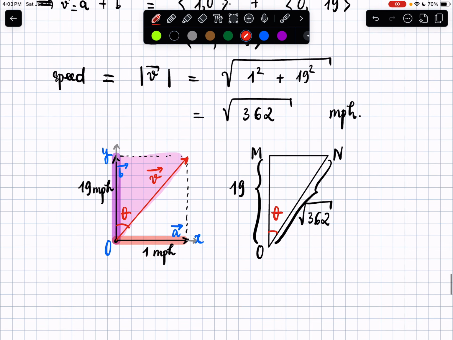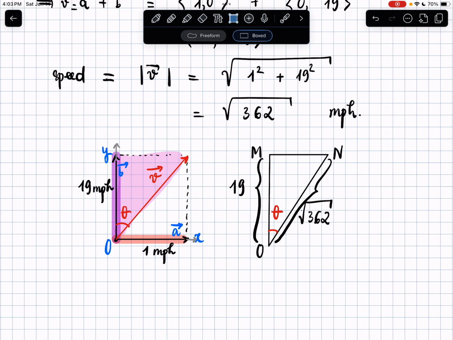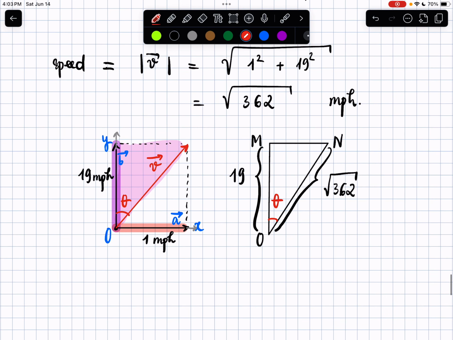Okay. So theta, cosine theta, in this right triangle, is OM divided by ON.